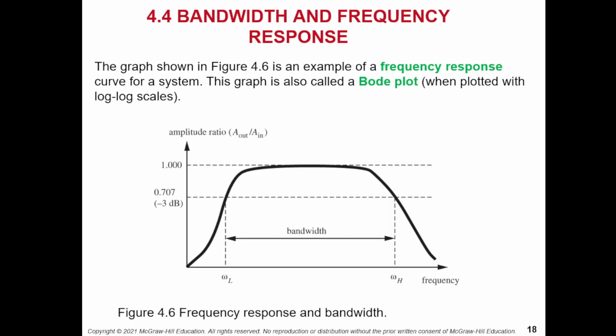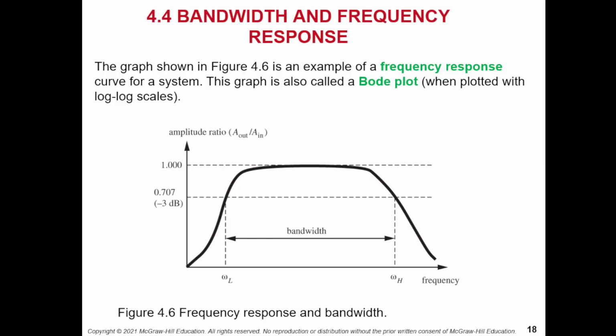Then normally we want to define the bandwidth, right? How to define the starting and the end of your bandwidth? You need to draw a line at -3 dB, or in linear scale, 0.707.